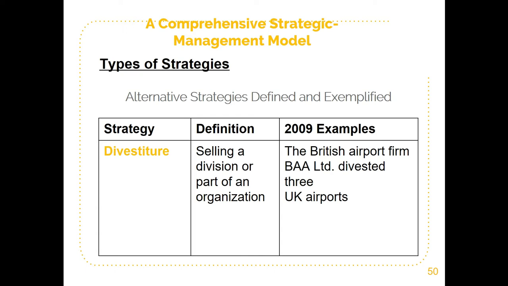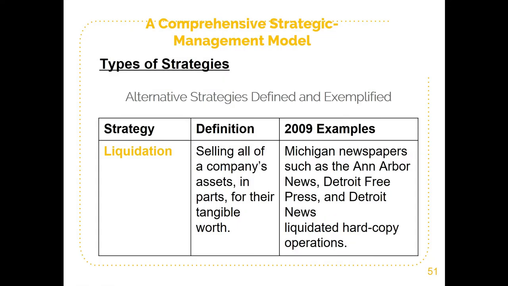Next is liquidation. So basically, when we speak of liquidation, you sell all the company's assets in parts for their tangible worth in exchange for cash. An example here is that Michigan newspapers such as the Ann Arbor News, Detroit Free Press and Detroit News liquidated their hard copy operations.